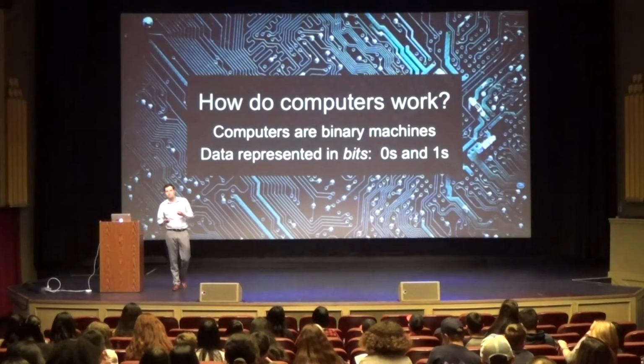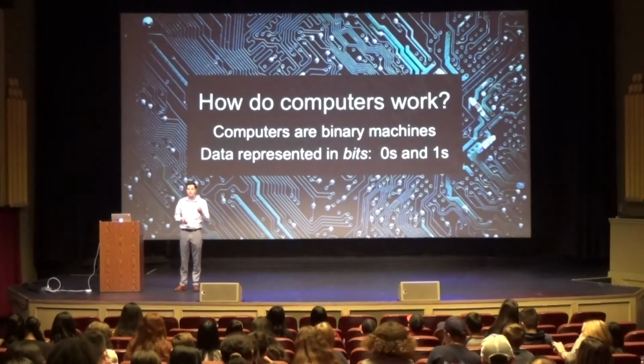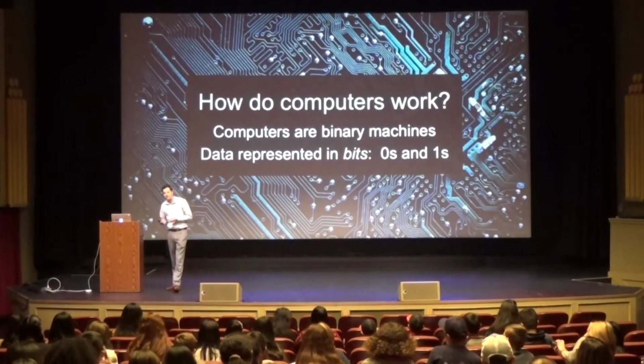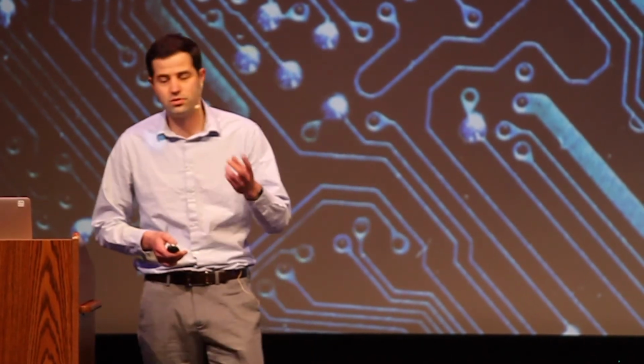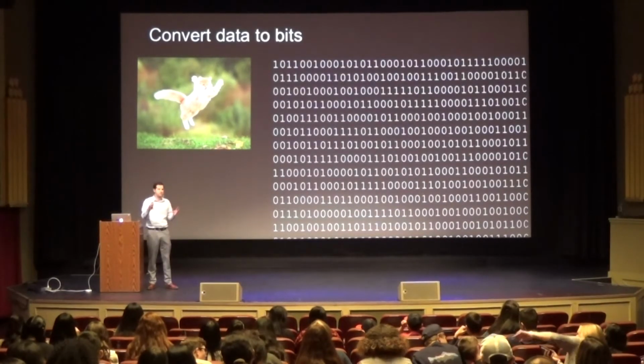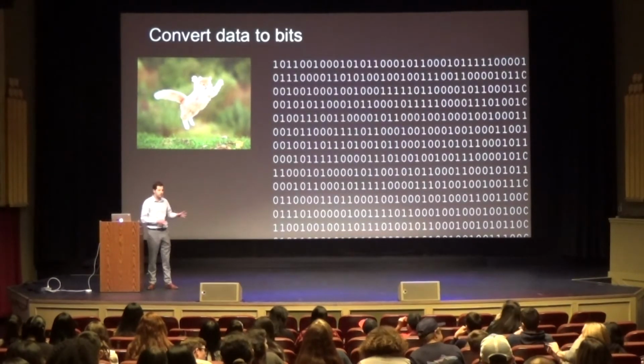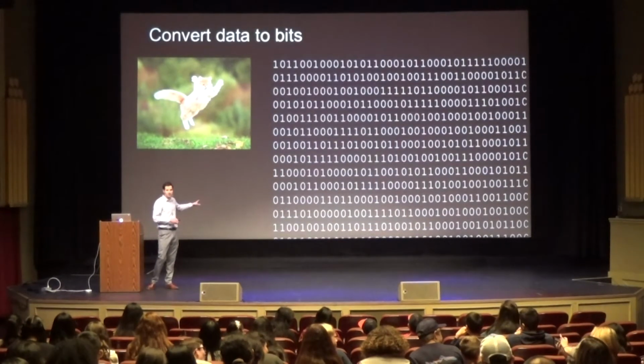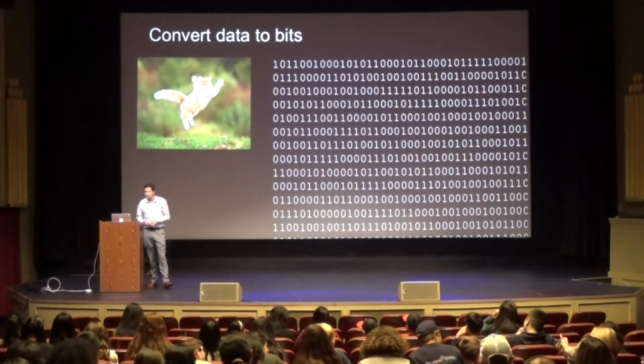Computers are binary machines. Binary means 2. All of the data that's processed in a computer has to be represented in terms of bits or binary digits. And you can think of a bit as either a 0 or a 1. There's 2 possible values. So for example, when you take a picture of your cat, it's represented as a very long sequence of 0s and 1s. We're showing just a small fraction of those that can fit on the screen here.